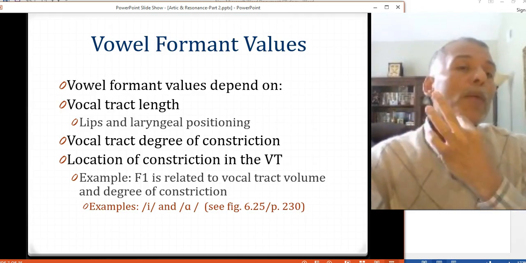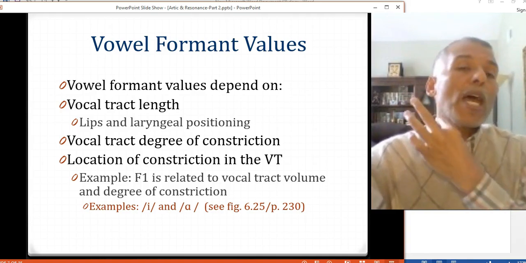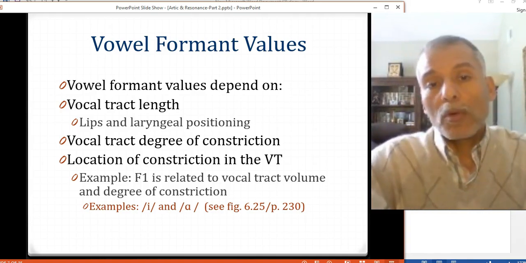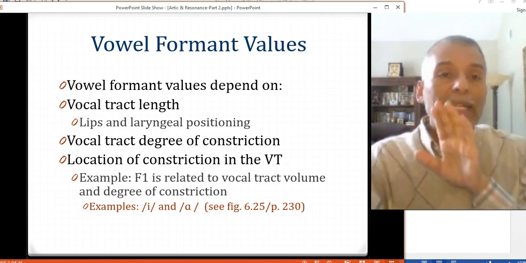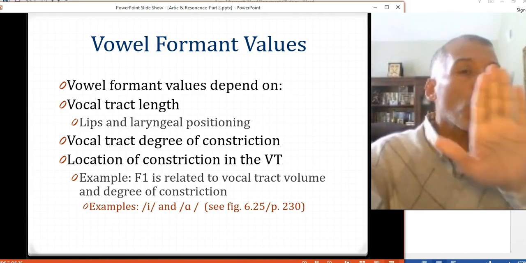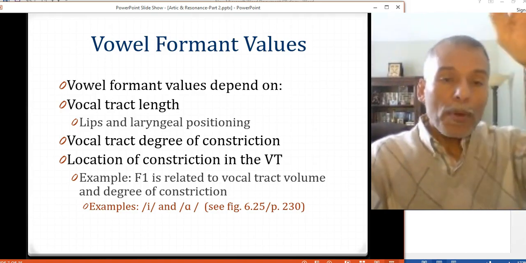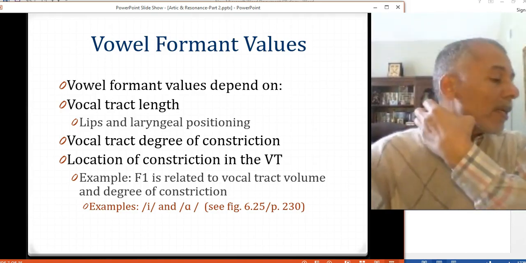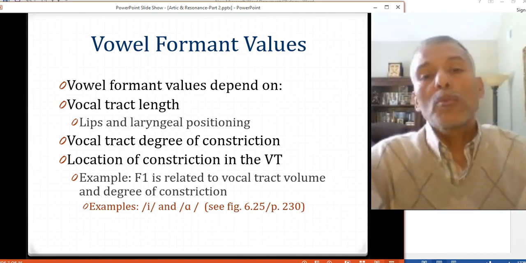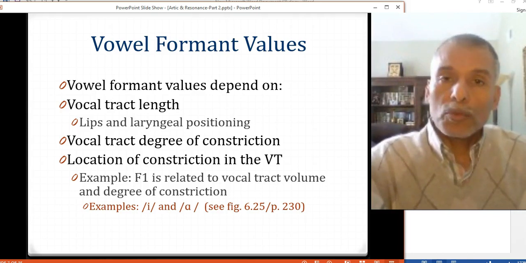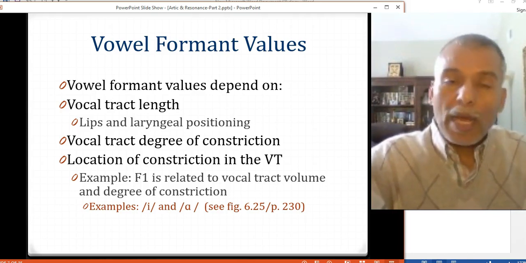F1 is going to show in the hypopharynx, above the vocal folds and in the area that is the lower pharynx. So when you say E, the tongue moves forward and moves up, and it creates space in the lower pharynx, and that is going to mean F1 is going to decrease.